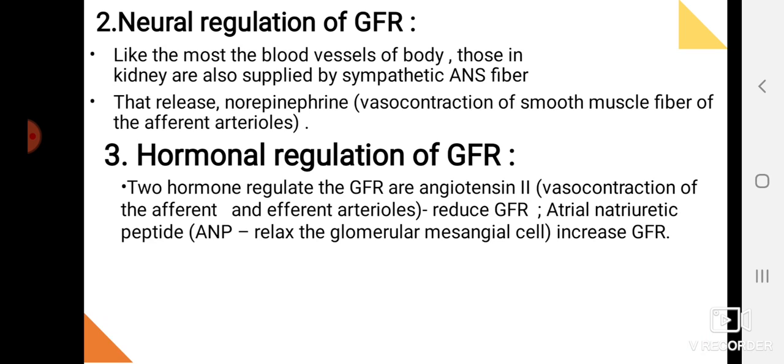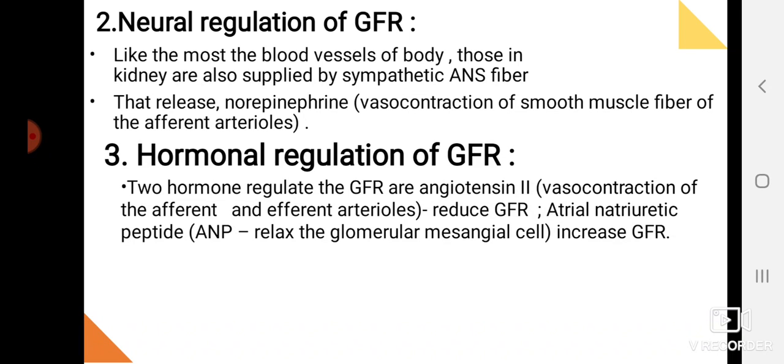So when sympathetic stimulation is moderately low, the afferent and efferent arterioles are dilated, so the renal autoregulation of the glomerular filtration is preserved. This norepinephrine affects both the efferent and afferent arteriole, to the same degree.